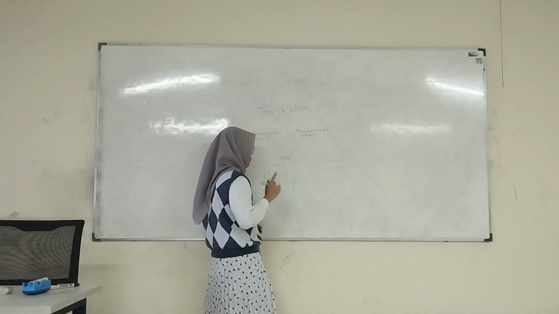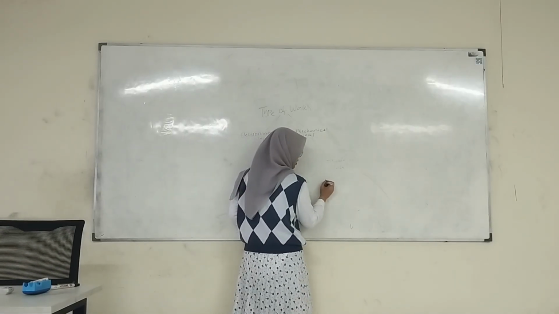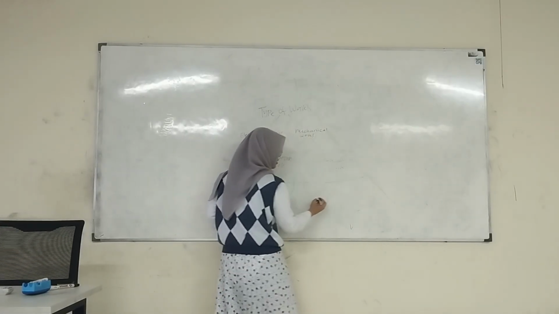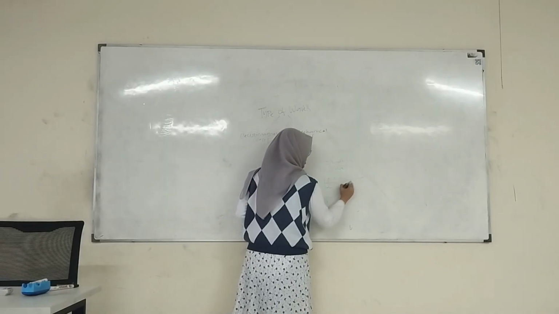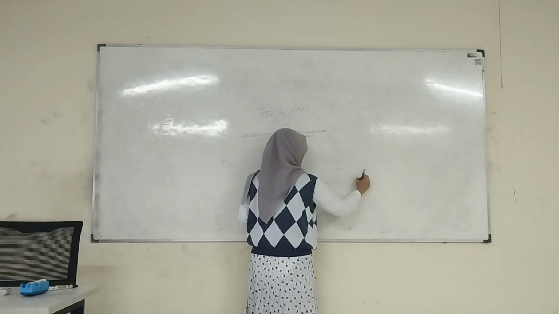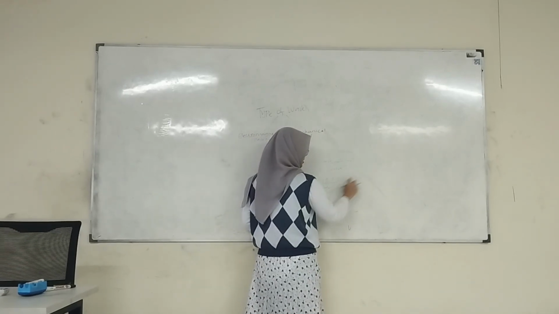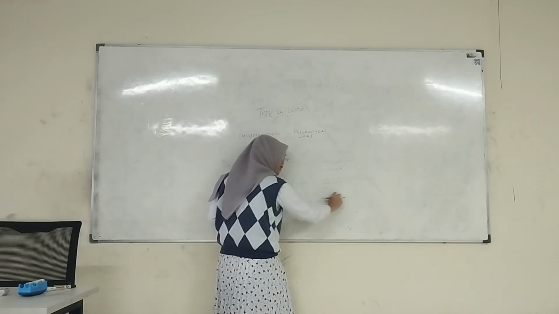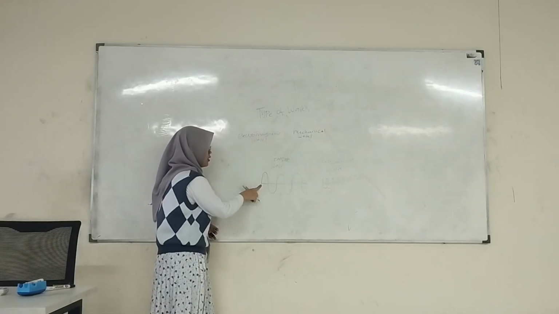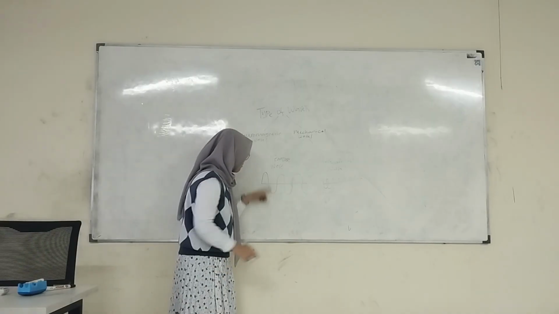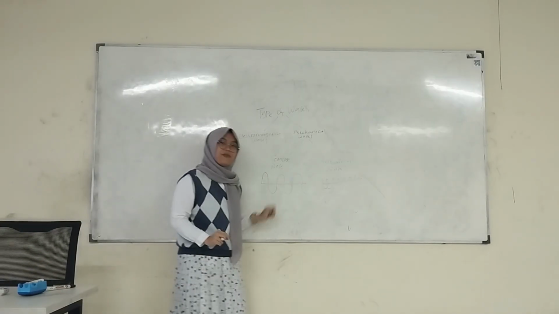Or we can make a graphic like this. This is the direction of the wave, right? And the particles will move like this. Okay, you can see this is parallel to the direction of the wave, and the transverse wave would be perpendicular to the direction of the wave.